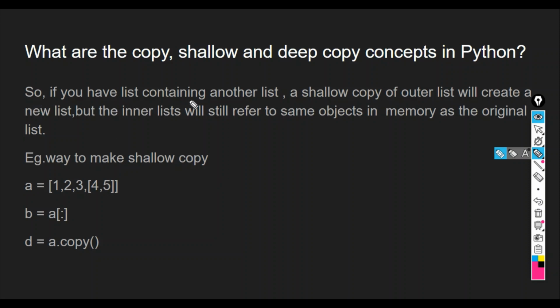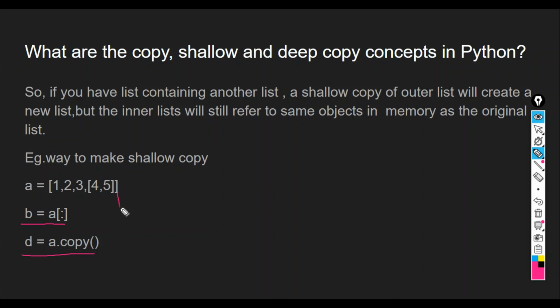If you have a list containing another list, a shallow copy of the outer list will get created, but the inner list will still refer to the same object in memory as the original list. That I have already told you. So how to make a shallow copy? I have given here two syntaxes. Using slicing you can do shallow copy, and using the copy function also you can do shallow copy, right? But what is the problem with shallow copy?